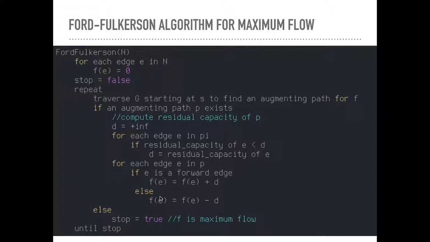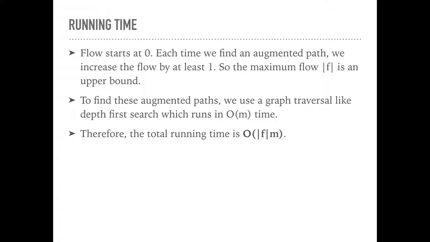Else, if it's a backward edge, then the flow we're going to pump through it is going to be the flow minus D. Else, if there are no augmenting paths left, we're going to say stop is true and stop the algorithm.